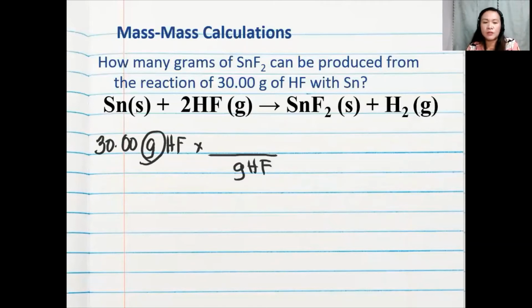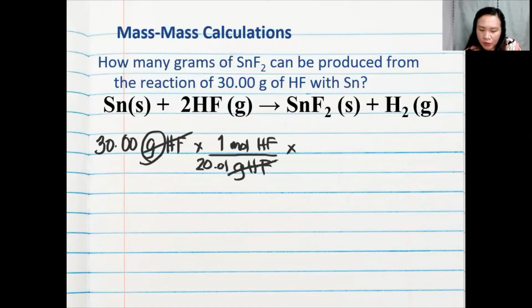And as we have mentioned earlier, the molar mass of HF will be 20.01 grams per 1 mole of HF. Okay. Next, we put now their mole ratio because we want to get rid of the moles of HF. So by the way, this and this will cancel.